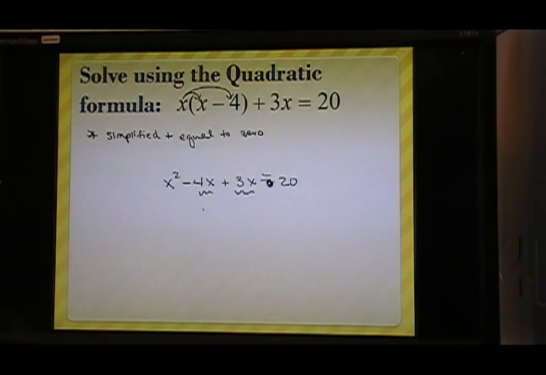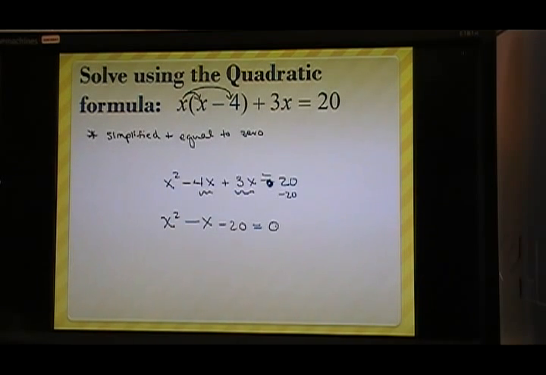Negative 4x plus 3x, we've got negative 1x, so that's x squared minus x. And I know I want one side equal to 0, so I'm going to go ahead and subtract that 20 on both sides. So I end up with the simplified equation x squared minus x minus 20.